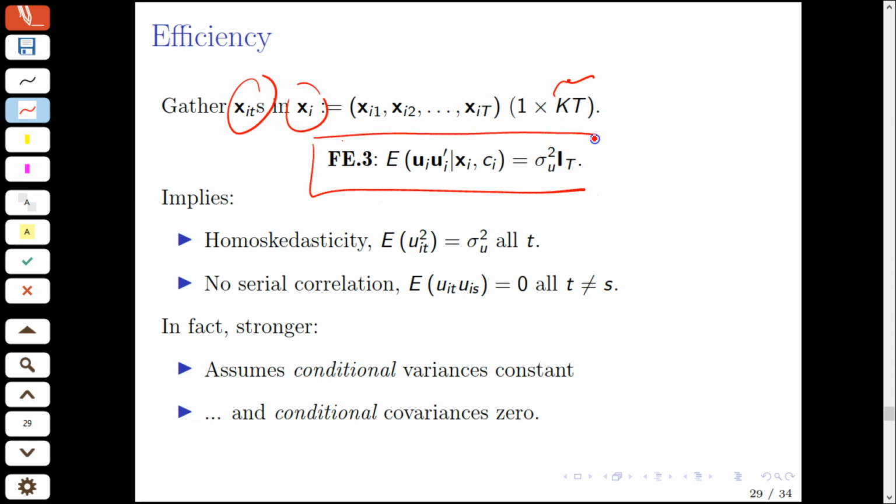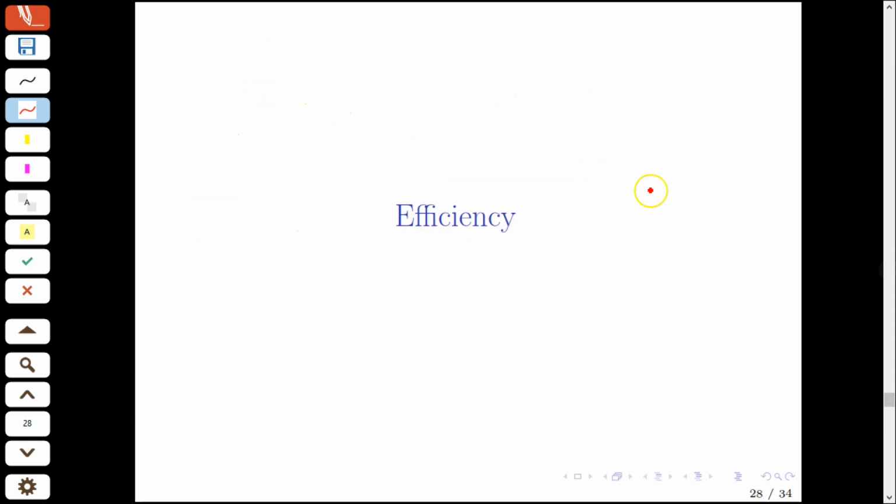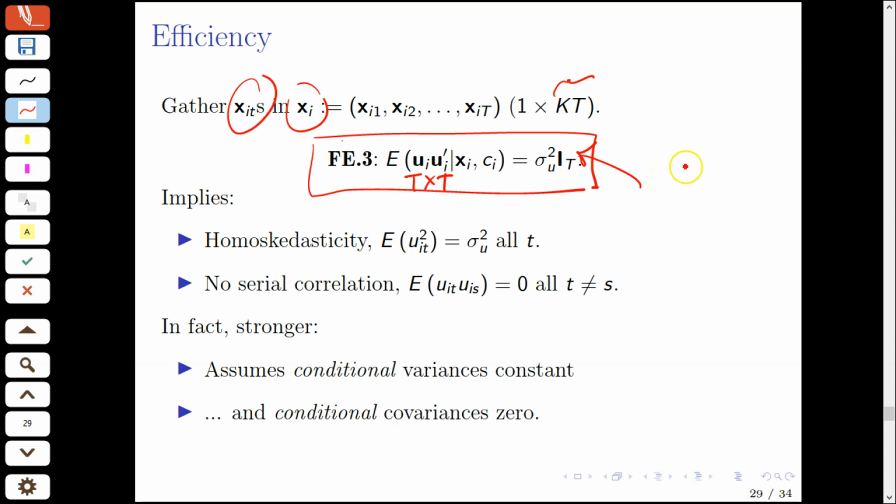Let the third fixed effect assumption, FE3, be the assumption that the expectation of this T by T matrix of the u_it unobservables when stacked in vectors, given regressors in all time periods as well as the individual effect, is in fact a scalar matrix, by which I mean it reduces to the T by T identity matrix up to a proportionality factor, say sigma squared u.